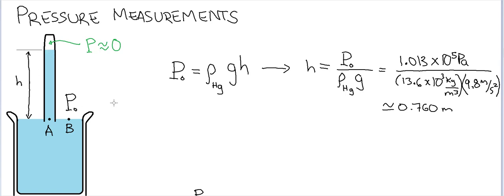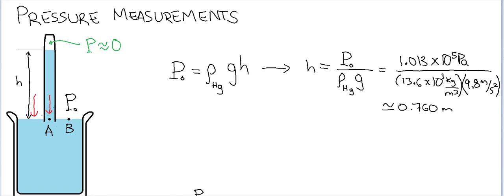One way of thinking about what's happening here is that air pressure is pushing down on the outside, but there is also the weight of this column pushing down on this liquid.